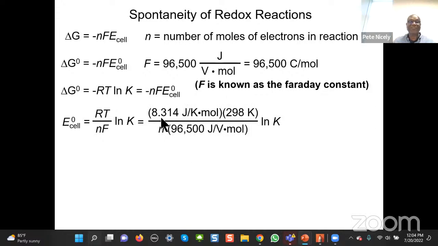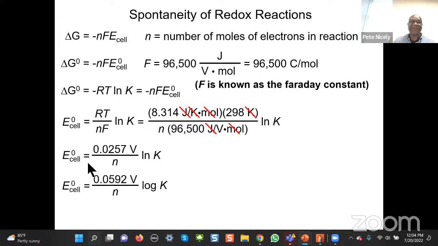R is equal to 8.31. T is 25 degrees Celsius, which is 298 Kelvin. And of course, F is, as I said before, the Faraday's constant, which is equal to that. You plug all those values into this equation, then you come up with the following, which is this equation right here, right?